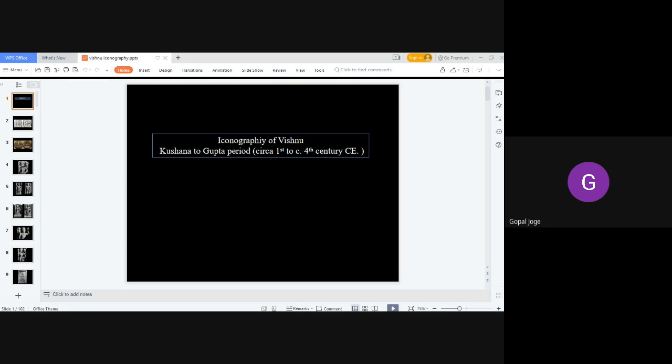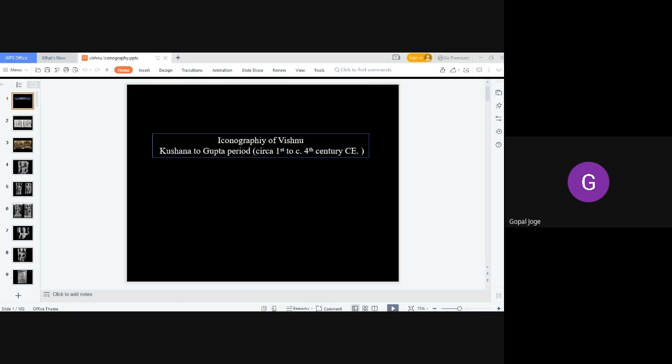in the Indian subcontinent. Okay. So these traces are a significant part through which the early nature of the Vaishnavite faith or the early form of Vishnu iconography may have developed.